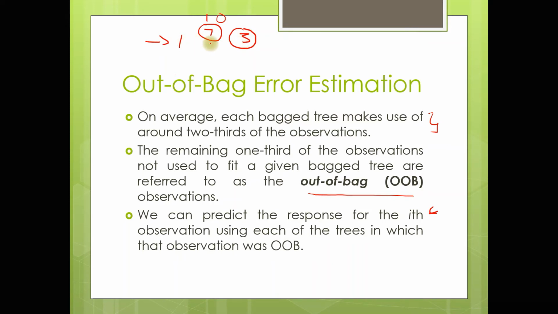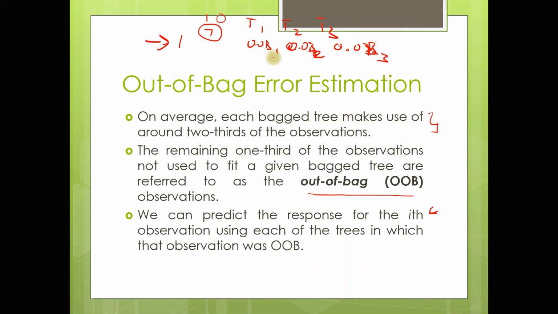Let's suppose we refer to these as tree 1, tree 2, and tree 3, where this particular observation has not been used as training. So you would refer to it as an out of bag observation. This is going to be another out of bag observation 2, and out of bag observation 3.